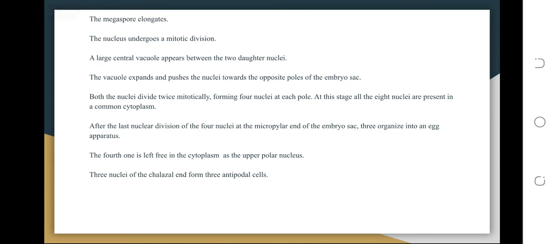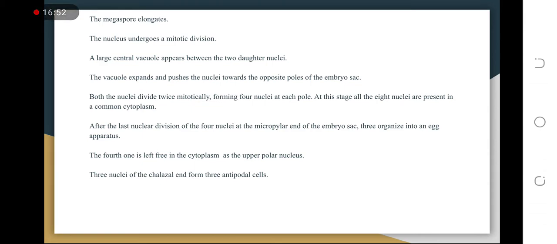After the last nuclear division, of the 4 nuclei at the micropylar end of the embryo sac, 3 organize into an egg apparatus. The 4th one is left free in the cytoplasm as the upper polar nucleus. The 3 nuclei at the chalazal end form 3 antipodal cells, whereas the 4th one functions as the lower polar nucleus.